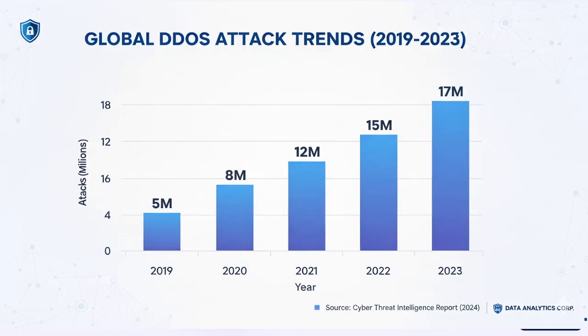By 2021, attacks had reached 12 million, jumping to 15 million in 2022. And more recently, in 2023, we hit a staggering 17 million attacks. This upward trajectory clearly demonstrates that DDoS remains a rapidly growing and pervasive threat in the cybersecurity landscape.